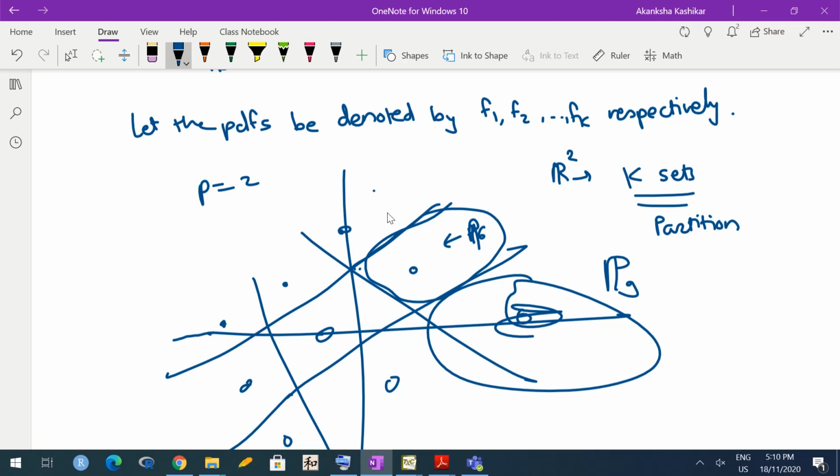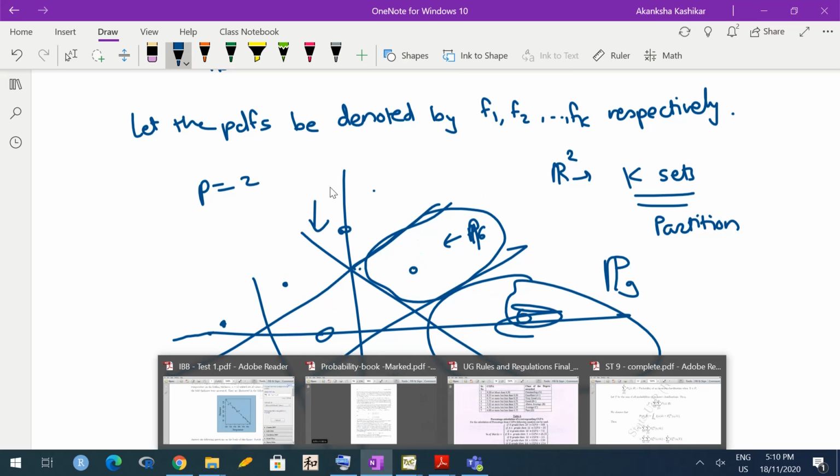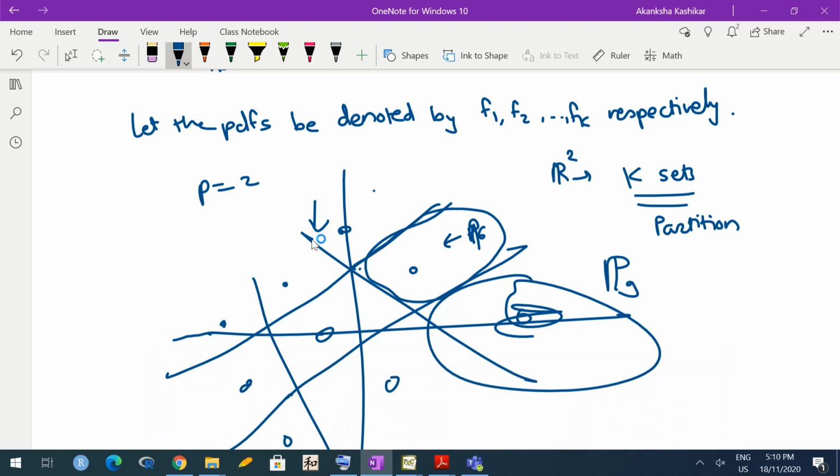Partition means those k sets are mutually exclusive and exhaustive. This is exactly what discriminant analysis is trying to tell us: that we divide our entire region into k sets such that if an observation belongs to the ith set, we allot it to the ith population. And our job is to find out how these k sets are created, that is, to find the equations for these differentiating lines.